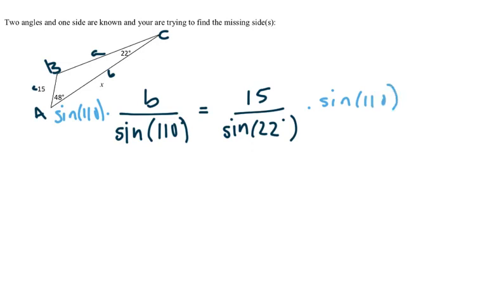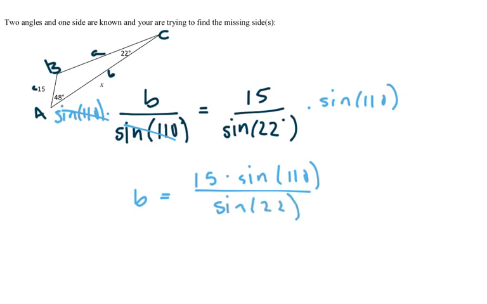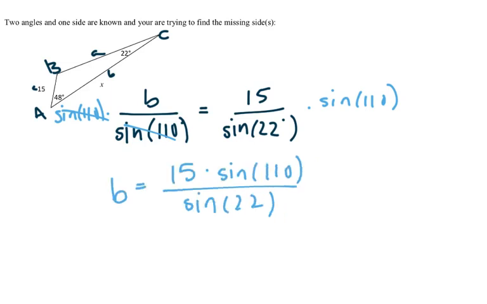So notice on the left-hand side of the equation, sine of 110 degrees will cancel, and that will just leave us with B. Now we have 15 times sine of 110 degrees all over sine of 22 degrees. And at this point, this is now a calculator problem. We just plug this into our calculator and it will tell us the length of side B. So I'm going to verbally say how we type this one in.